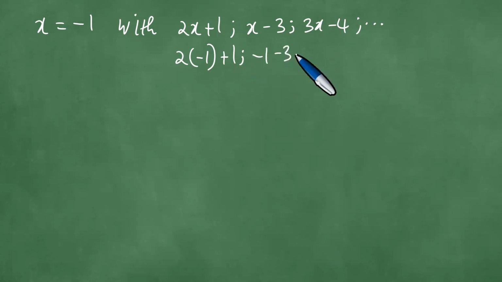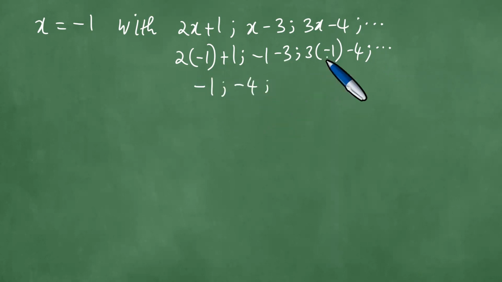Minus 2 plus 1 is minus 1. Minus 1 minus 3 is minus 4. Minus 3 minus 4 is minus 7.